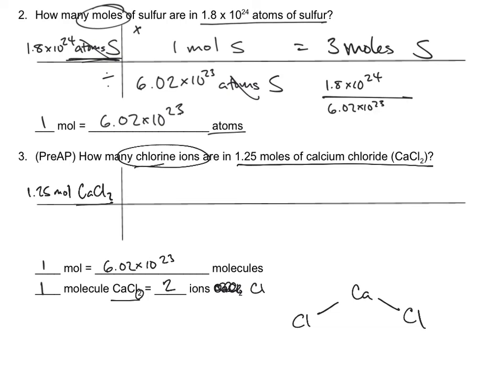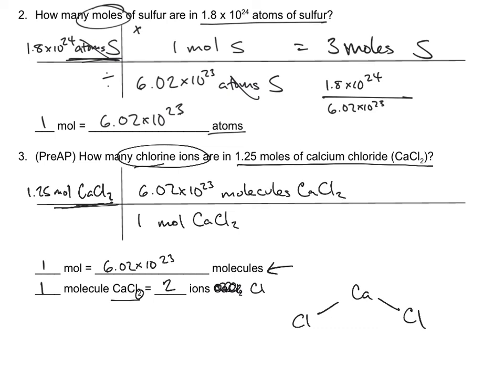So we're going to use these conversion factors to go from 1.25 moles of calcium chloride to ions of chlorine. First, starting with the thing that has moles of CaCl2 in it, which is this top conversion factor. We say 1 mole of CaCl2 has 6.02 times 10 to the 23rd molecules of CaCl2, because that is a compound.